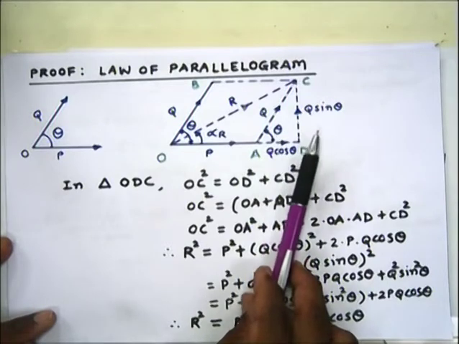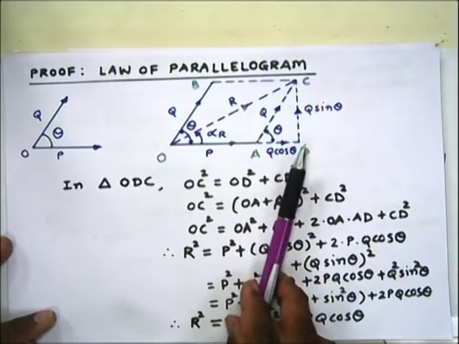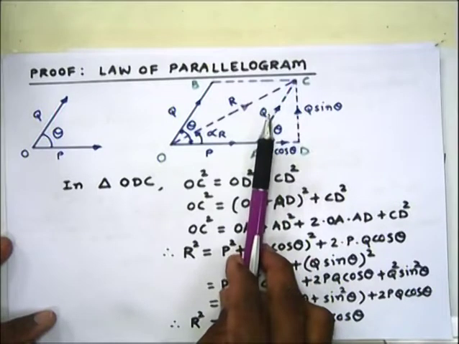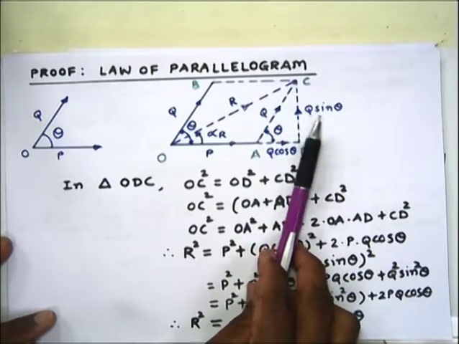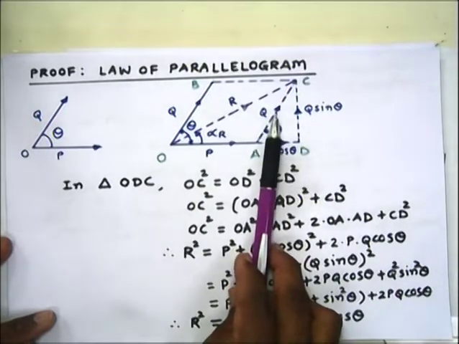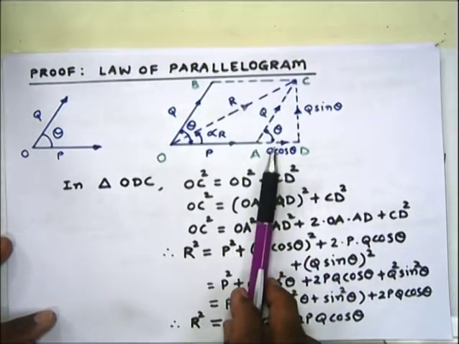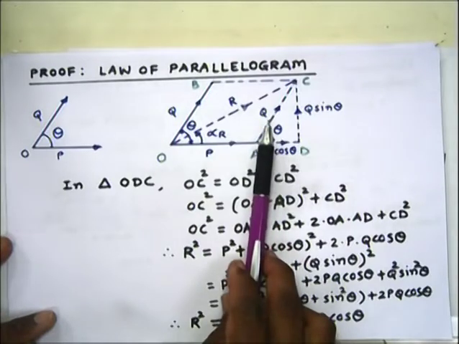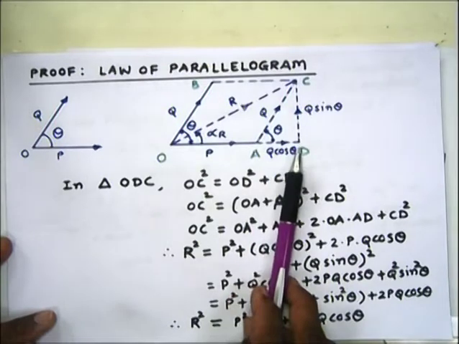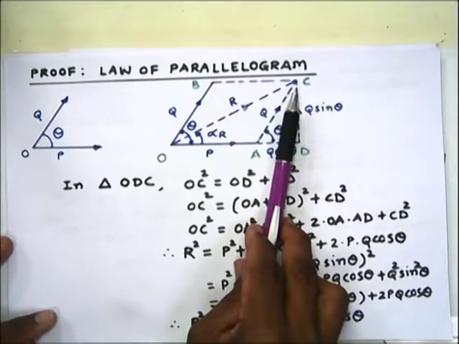Projecting this from C, we get this vertical component, which is nothing but a component of Q, given as Q sin theta, and this horizontal component of Q, which we know is given by Q cos theta. So this force Q is resolved into two components, Q cos theta and Q sin theta, and you are well aware of this resolution.